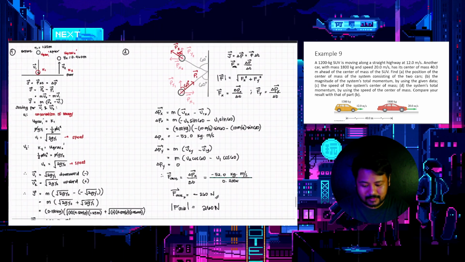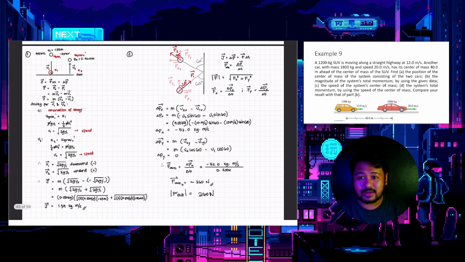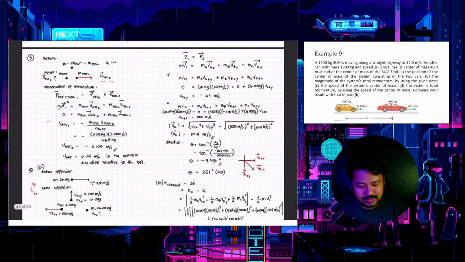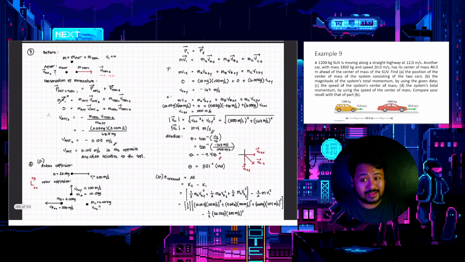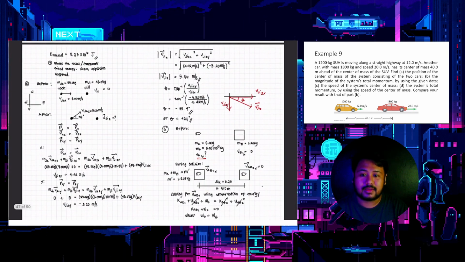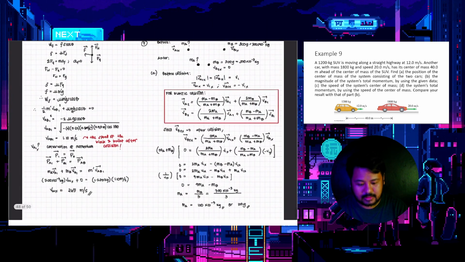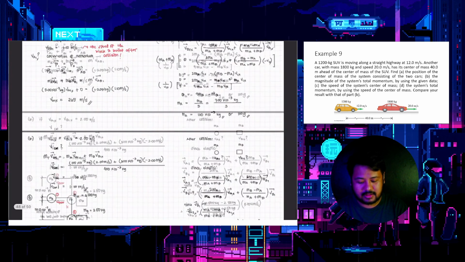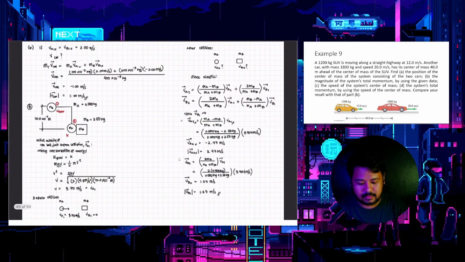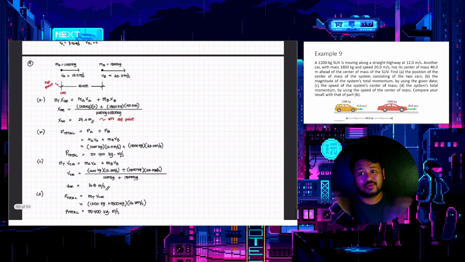Let's start with this one, this page, and this one. And lastly, number 9. So that's for our example.